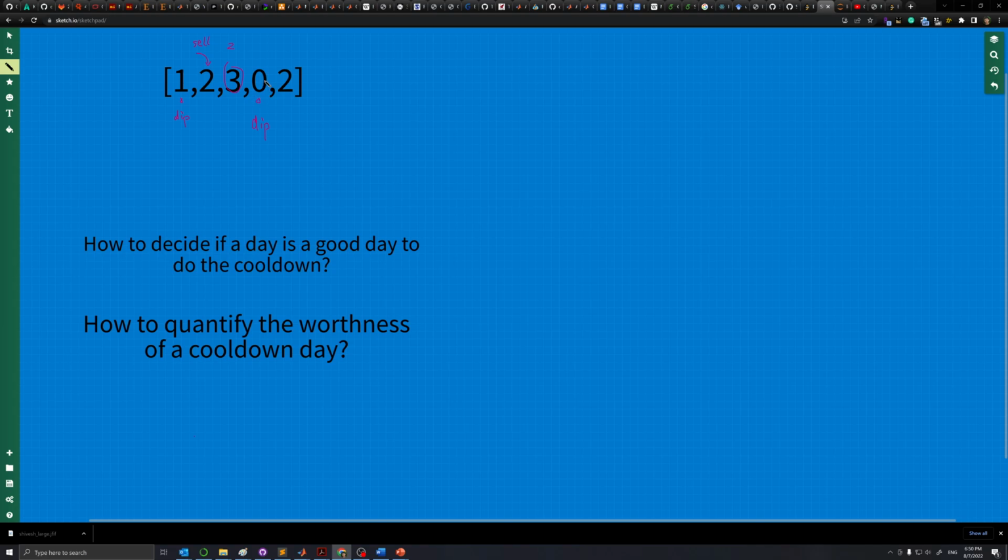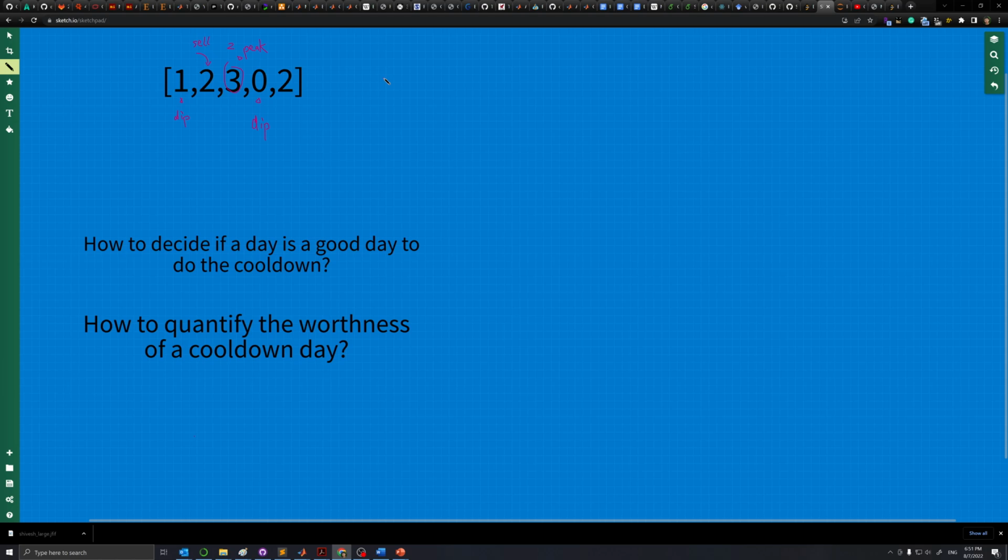But then you also don't want your cooldown to block your peak as well. This is actually one of the peaks. So if after the peak, the next day is not a dip day, then it's perfect.